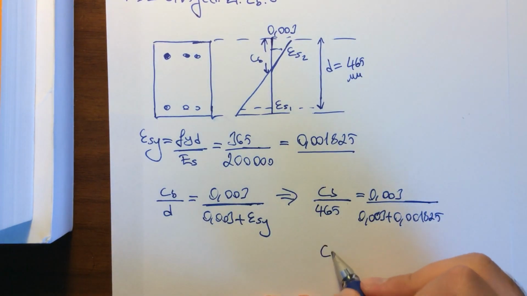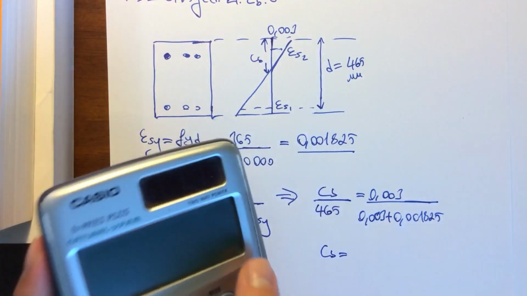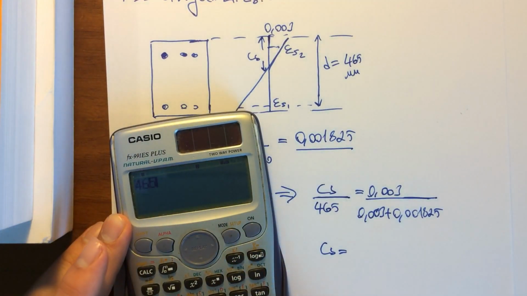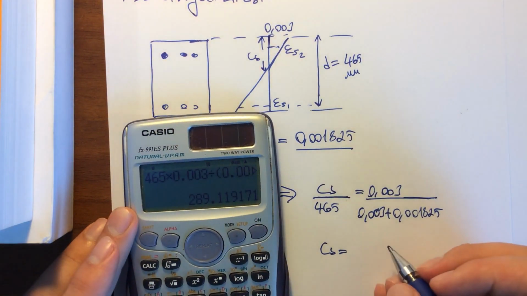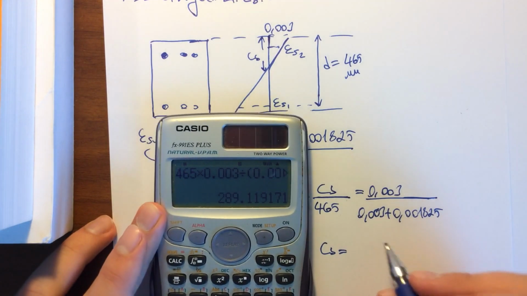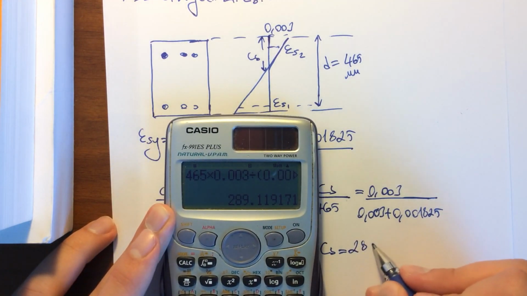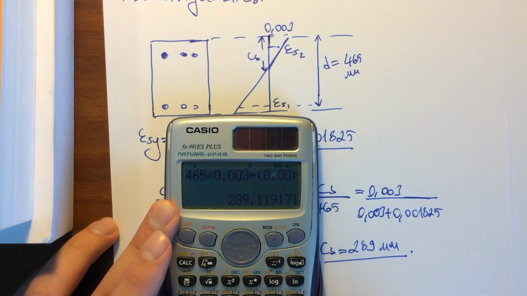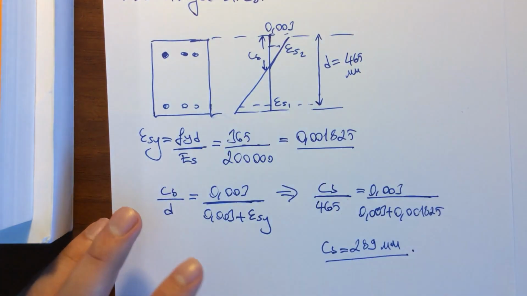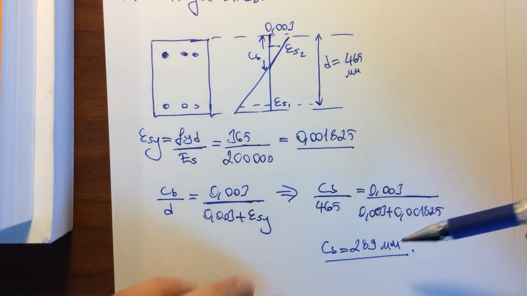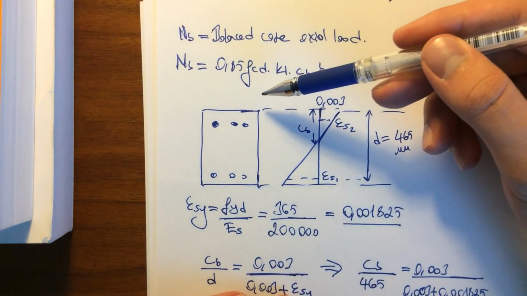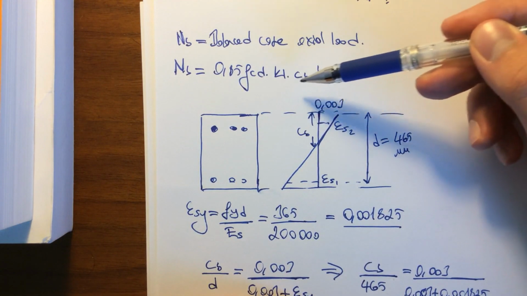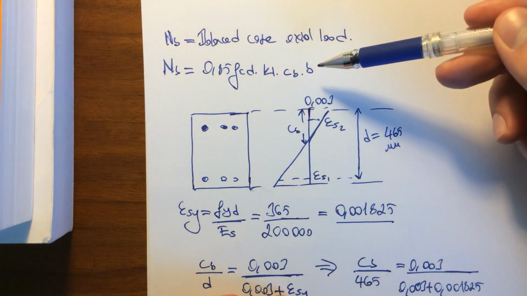When we do the calculation on my calculator to find the cb value, we find cb as 298 millimeters. Since we have the cb value in our hand, we can go back to this equation and rewrite it, since we know all of the values.